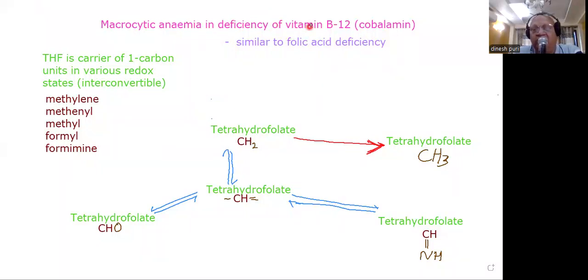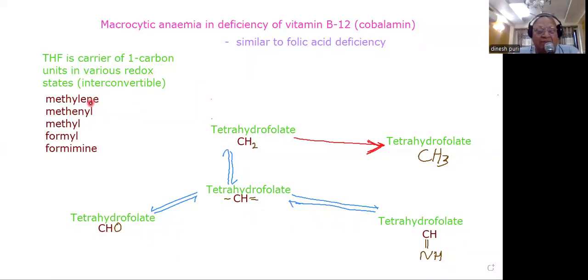They are not only similar, they are indistinguishable from each other. Why does that happen? Let us see. For that, we will have to go back to the role of tetrahydrofolate as a carrier of 1 carbon units, as we discussed, and it carries 1 carbon units in various redox states.